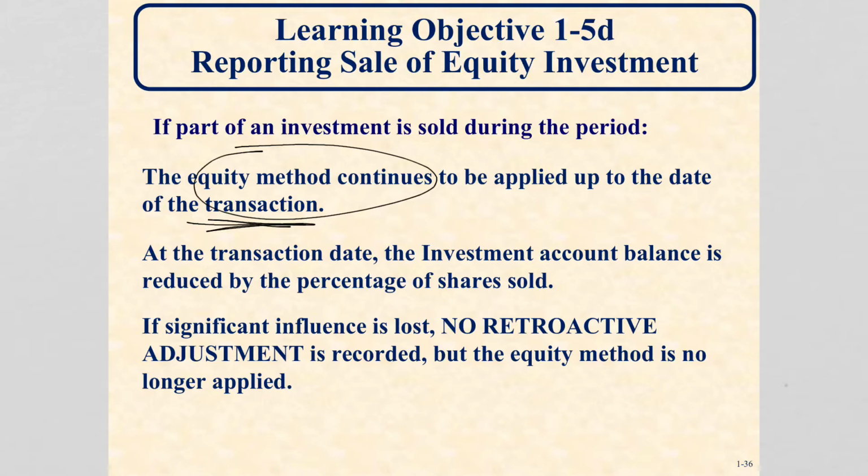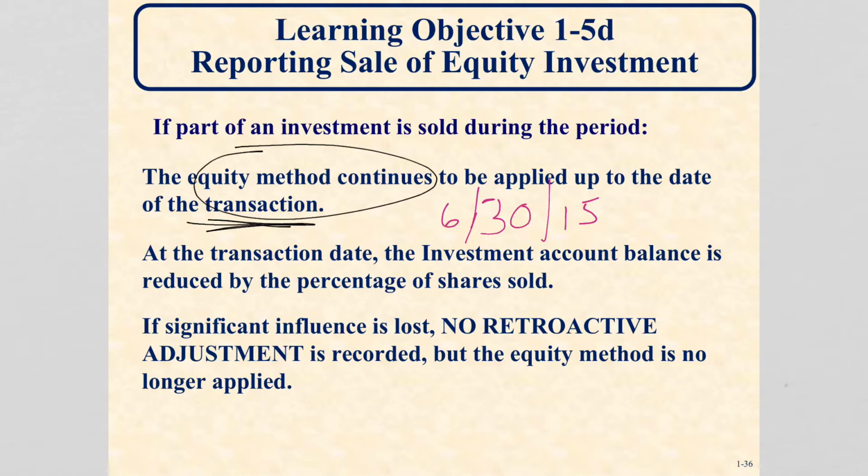So if you make a sale, let's say on June 30th, on a calendar year company, you'll have to make your equity method entries as of June 30th, looking at the earnings of the investee or subsidiary company, looking at the dividends paid, making any adjustments to those numbers based on amortization and depreciation differences that you came up with when the initial purchases were made, and applying all that to the June 30th date.